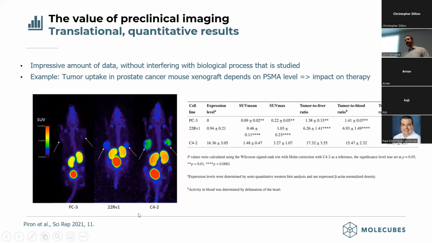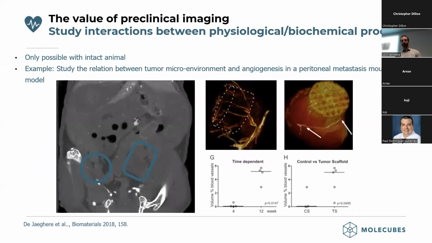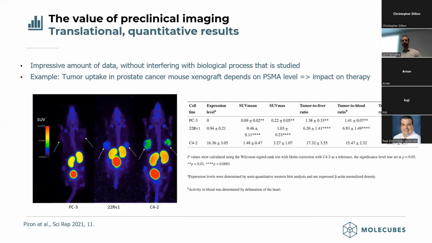And they looked at how this specific tracer, an 18-fluoride isotope bound with some specifically altered PSMA, would be taken up by the different cancerous tissues.